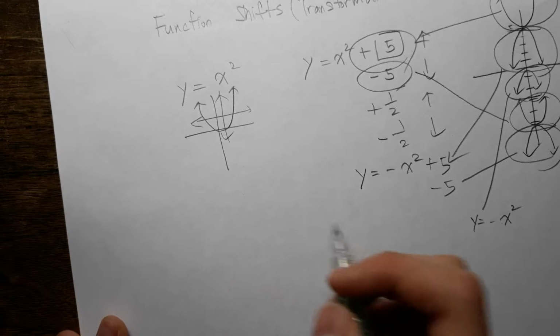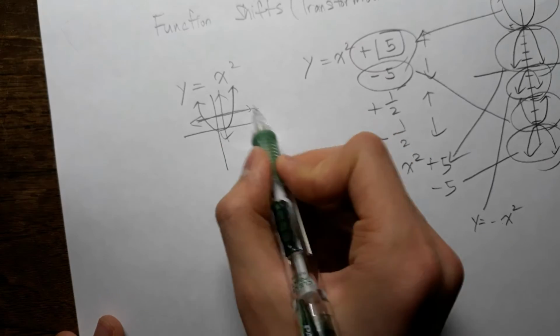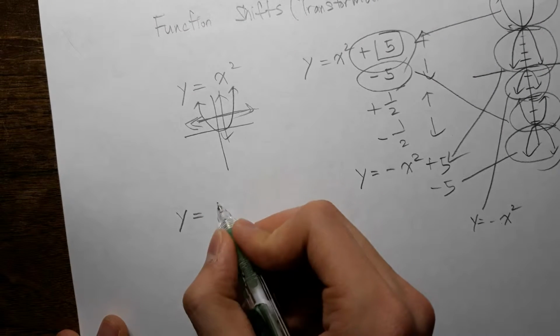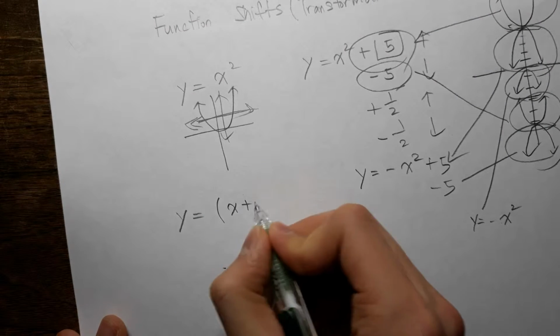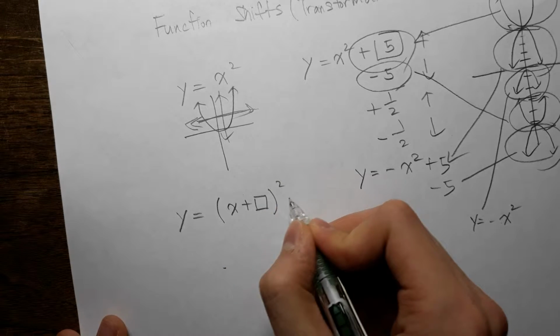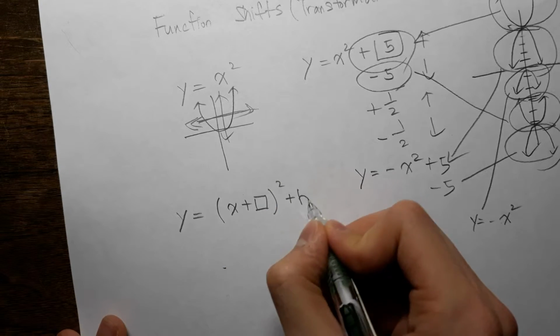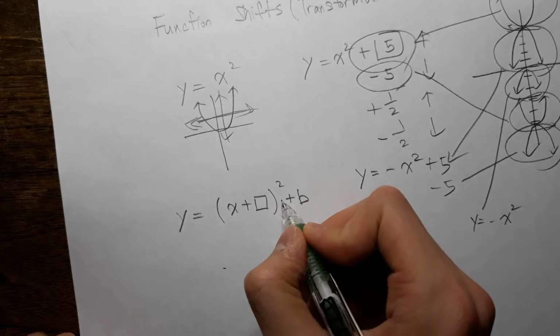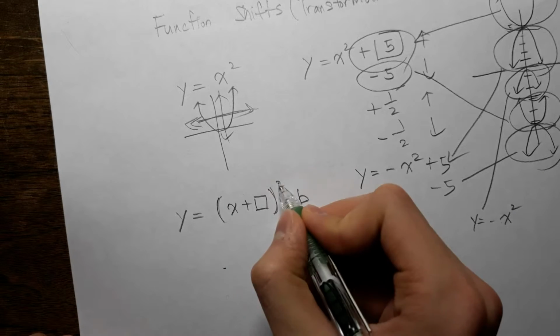Okay. Now let's talk about going right or left. Basically, you have to put something in here in order to make it move. Not outside, inside the square.